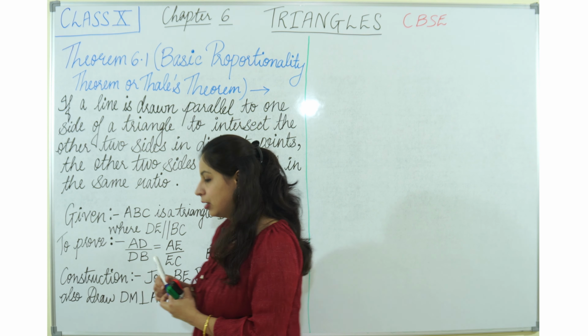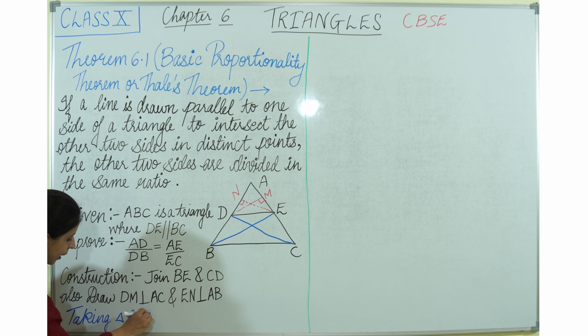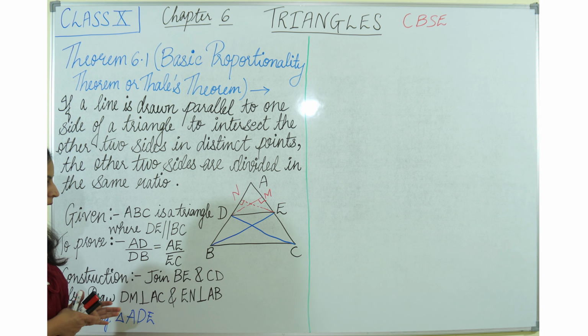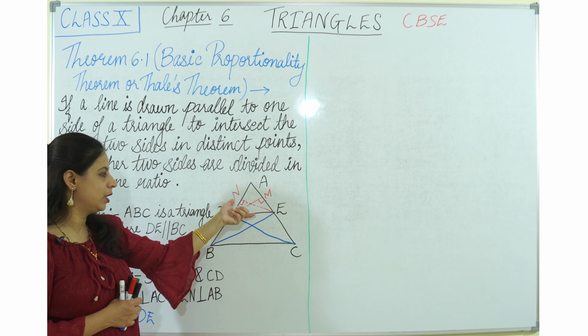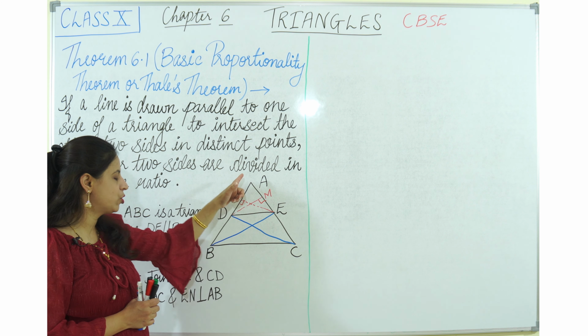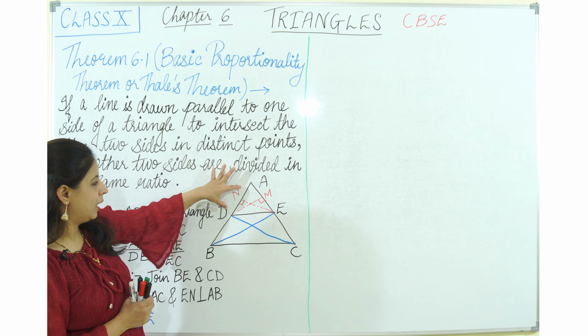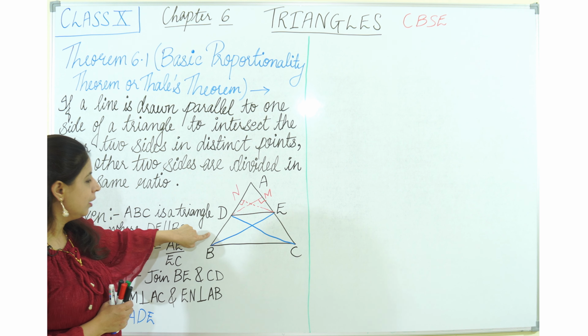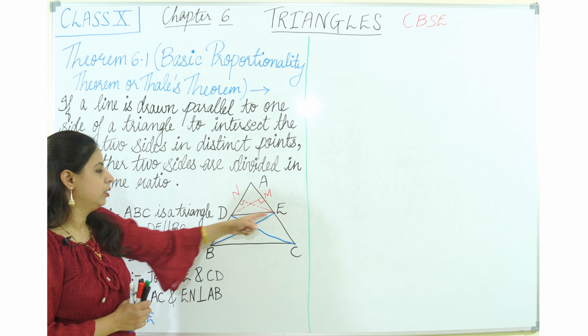The base here is AD, and the height will naturally be the perpendicular EN, which we have drawn on AB. AD is also included in AB, so the height of this triangle will be EN.